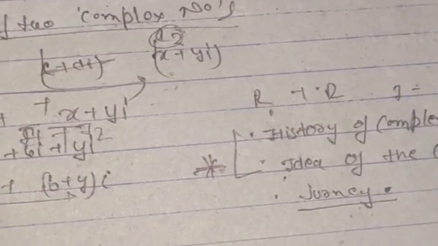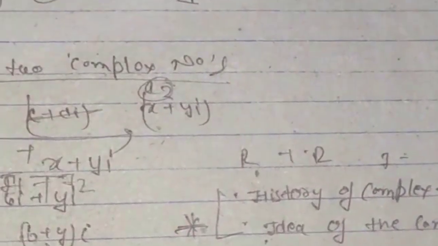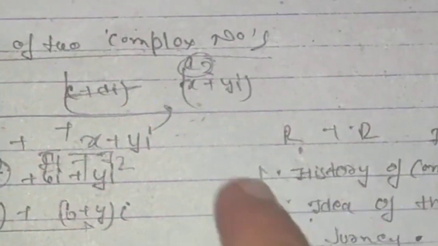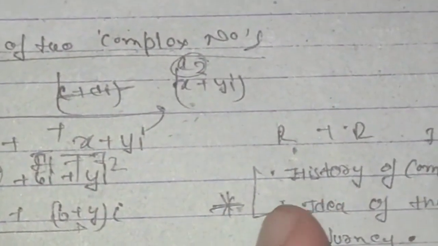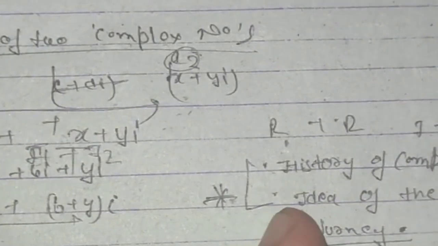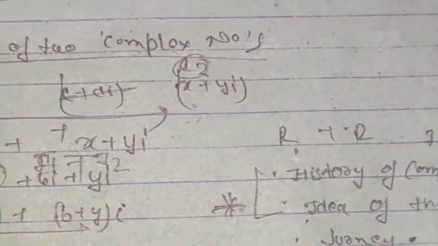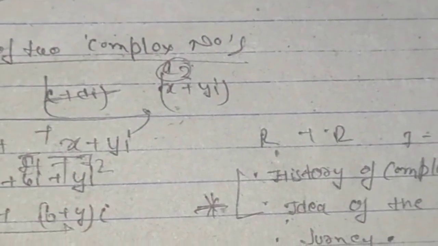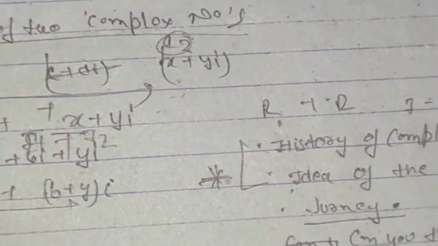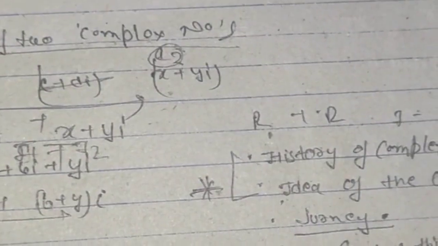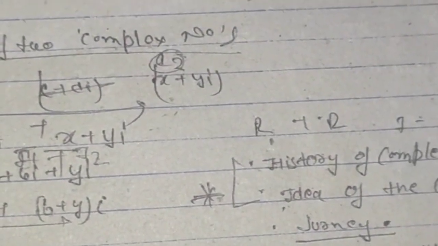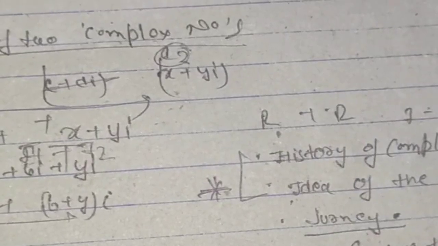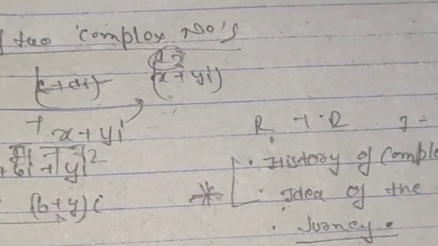Okay, and next you think about that. Because you search about that and you think about the idea of the complex number, next, can you think about a new way to find a complex number type?